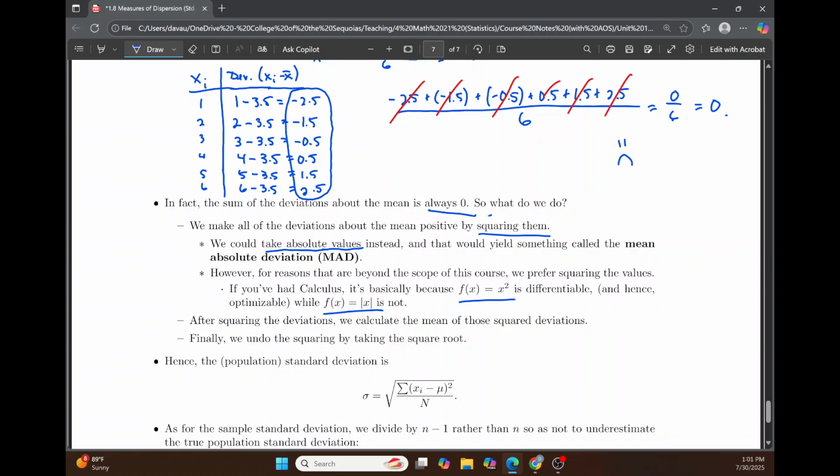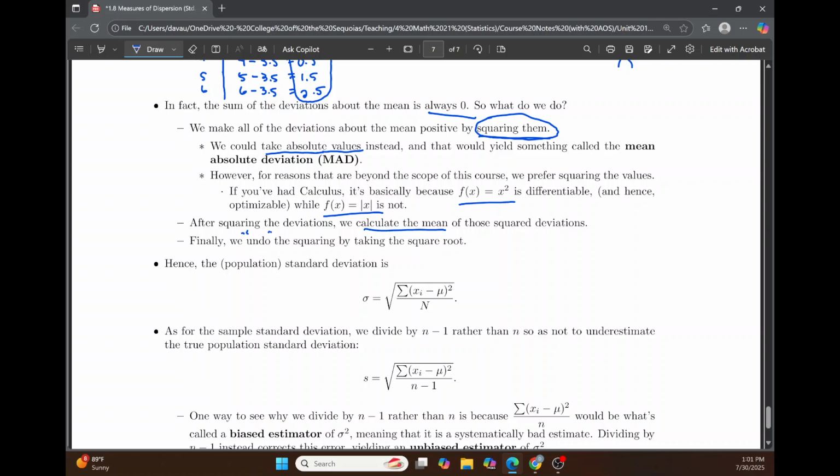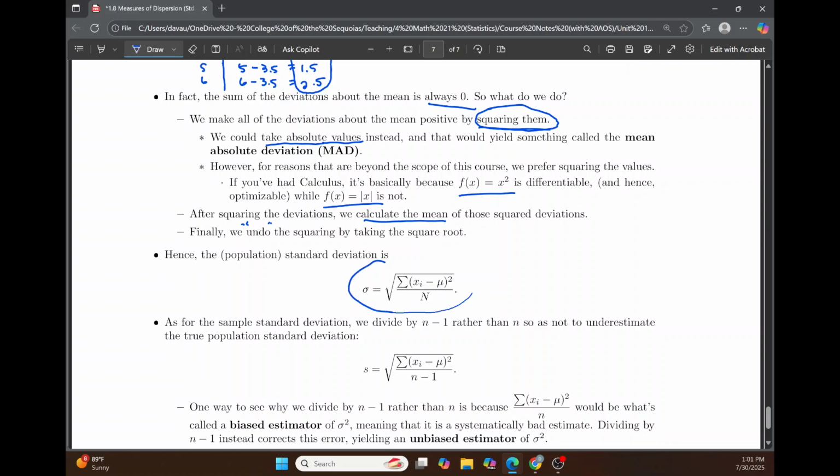And so what we're going to do is square the values. We're going to square all of the values to make them positive. So after squaring the deviations, then we can calculate the mean of the squared deviations. And then finally, we sort of, I say undo, but it should really be in quotes, we sort of undo the squaring by taking the square root. And that's why this is the formula for the population standard deviation, right?